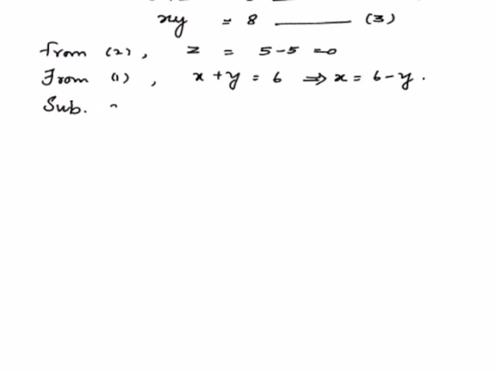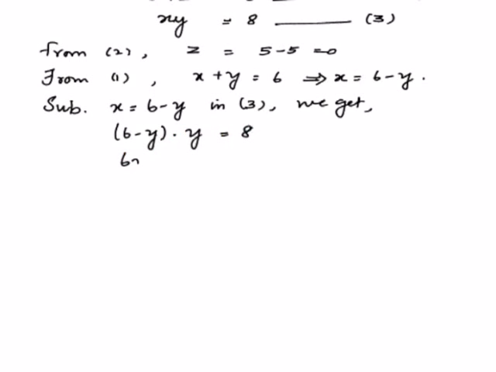So, substituting x is equal to 6 minus y in 3, we get (6 minus y) into y is equal to 8, or 6y minus y squared is equal to 8, from which we arrive at a quadratic, namely y squared minus 6y plus 8 is equal to 0.